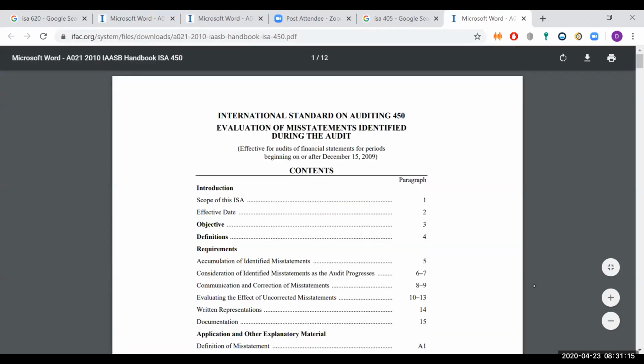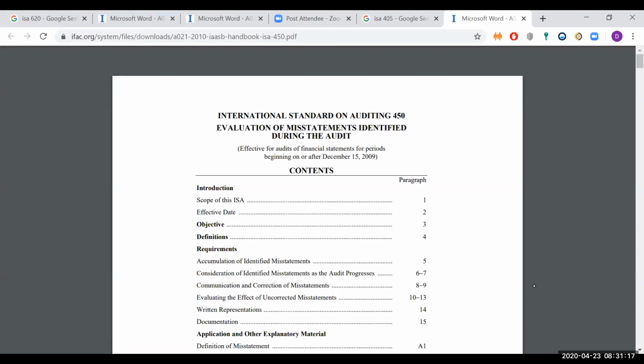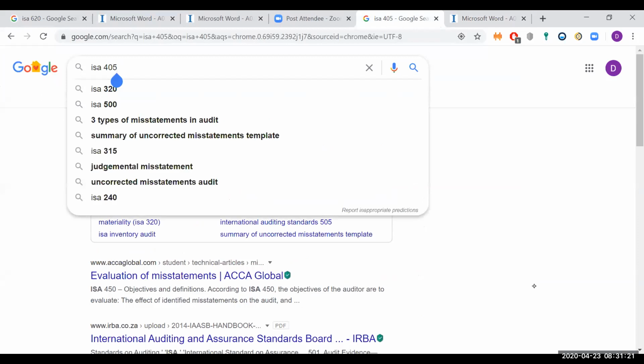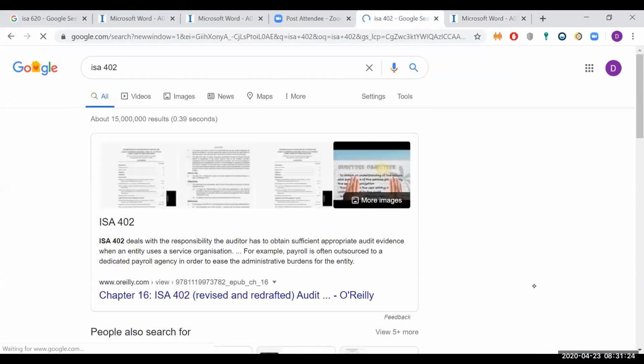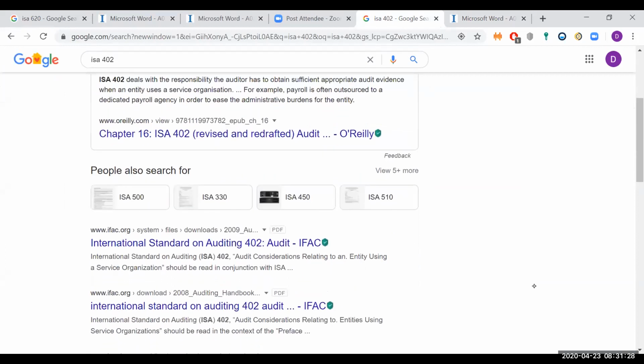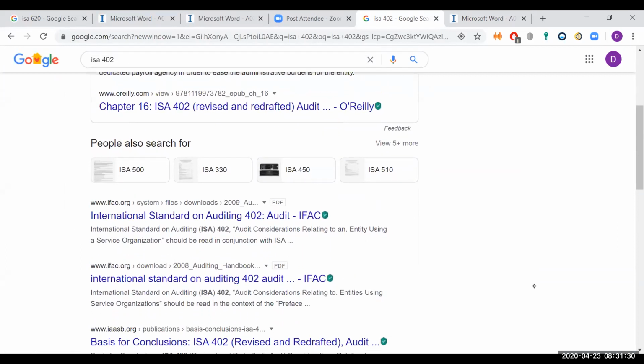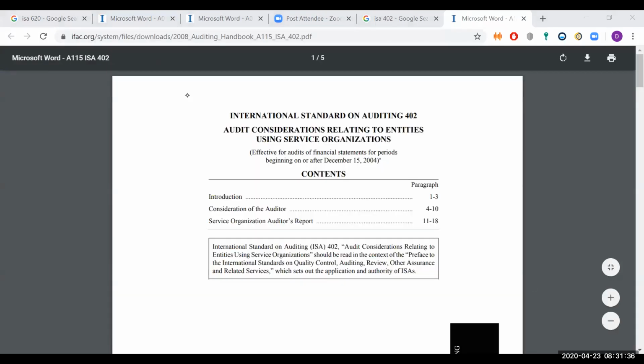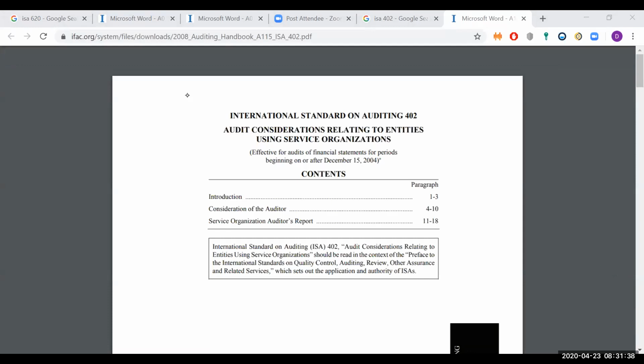Don't forget this ISA, ISA 402, not 405. Yes, ISA 402. I will call all consultation related entries using service organization.